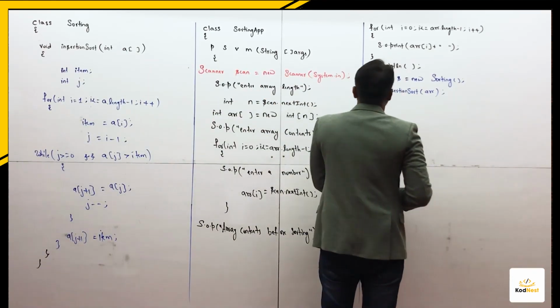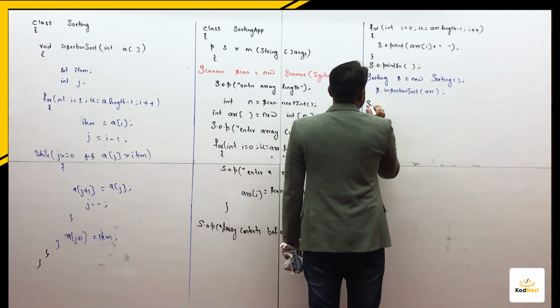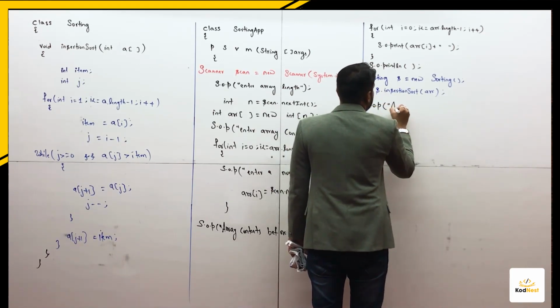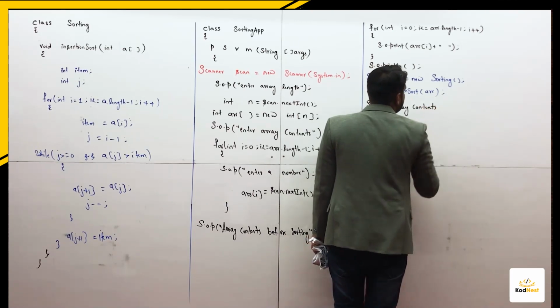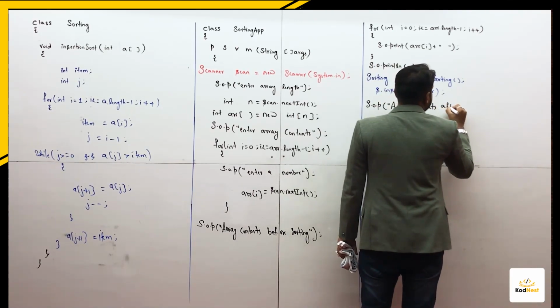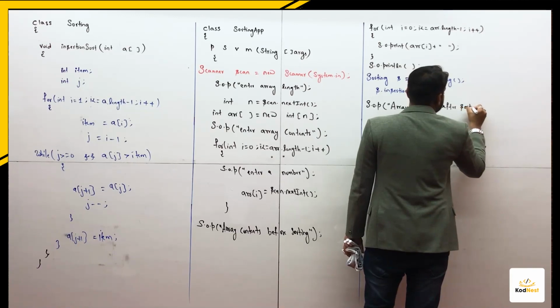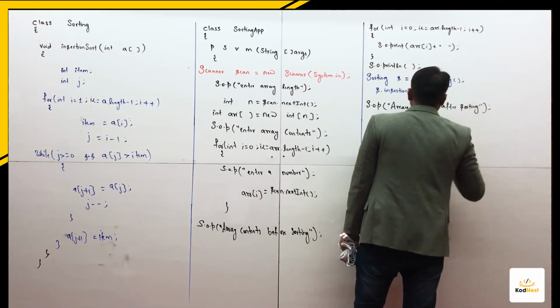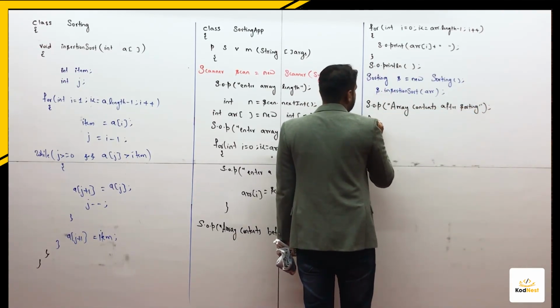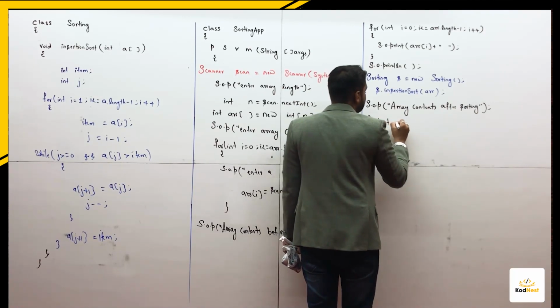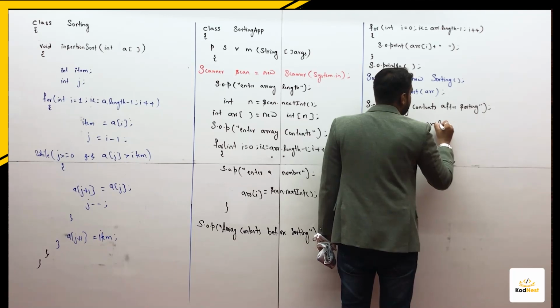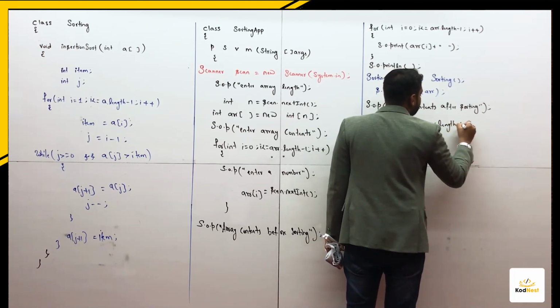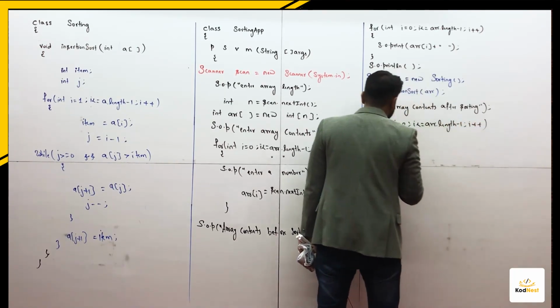Probably I would print the contents like this. System.out.println array contents after sorting. Here I would tell it to start printing the contents from the 0th index, go until array.length - 1, i plus plus.